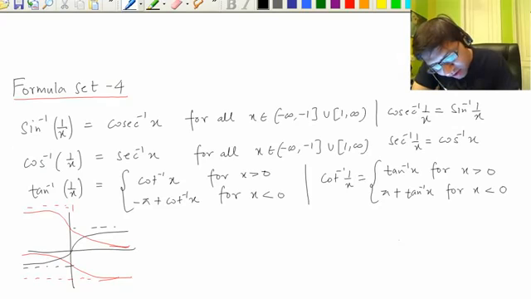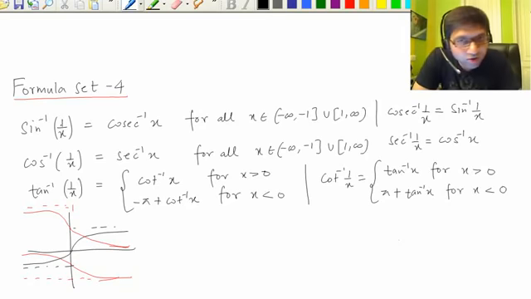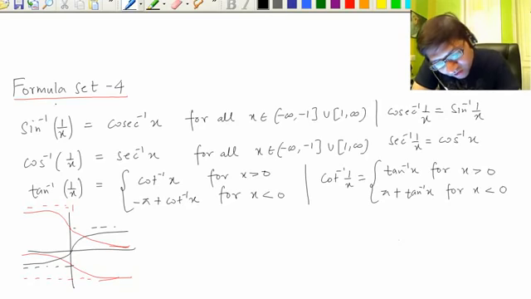See, sine inverse 1 by x equals cosec inverse x. Sine and cosec are reciprocals of each other. That's what we are doing. If you have sine inverse 1 by x and you want to write cosec, write it, take the reciprocal.